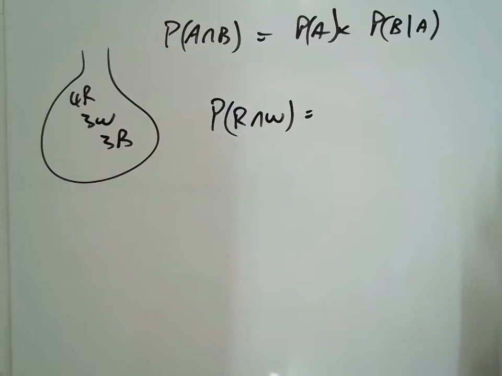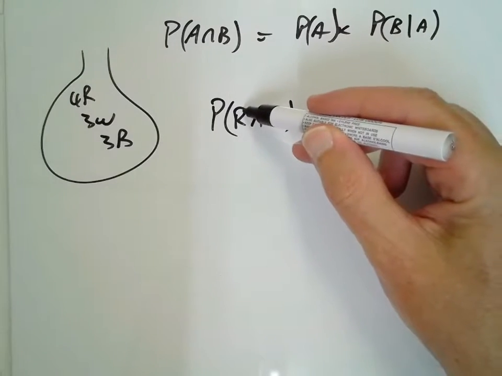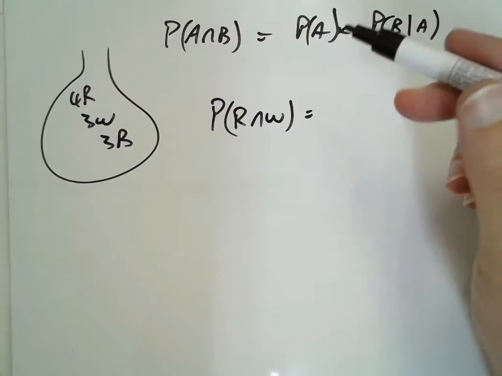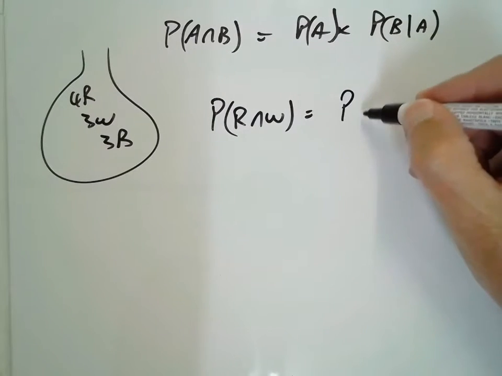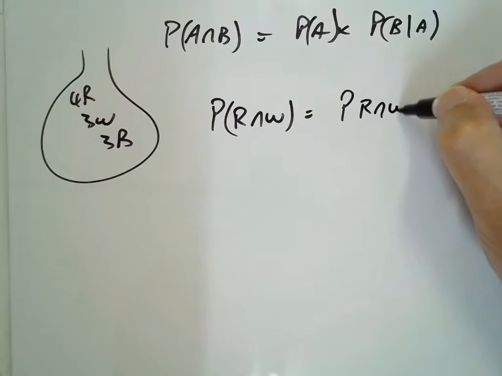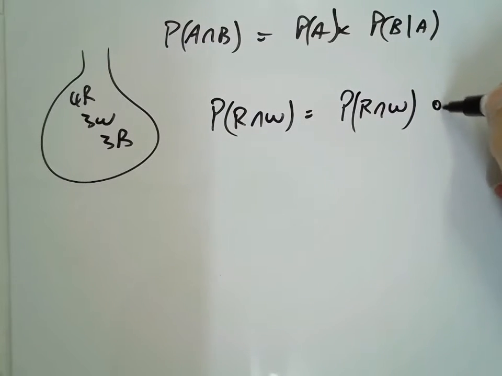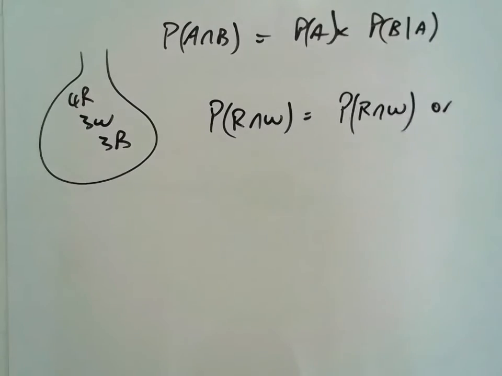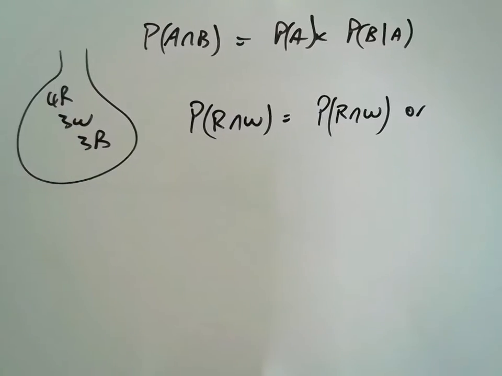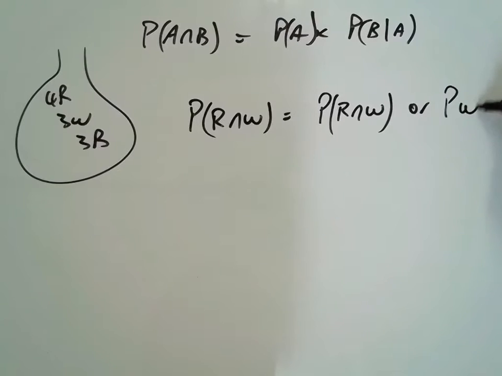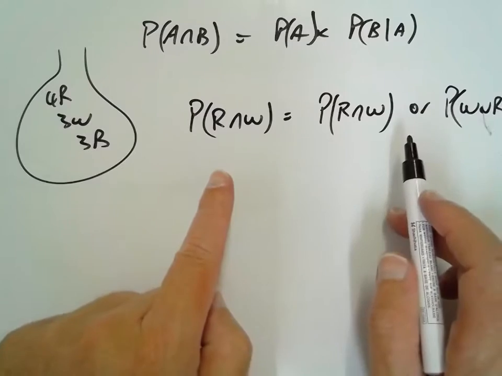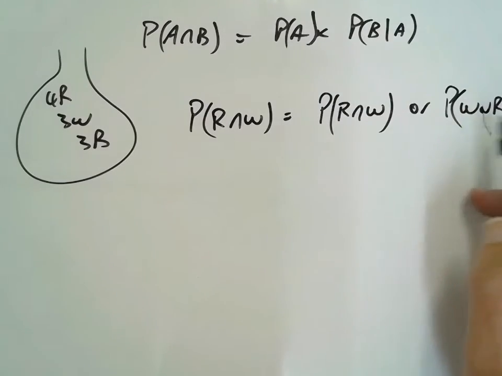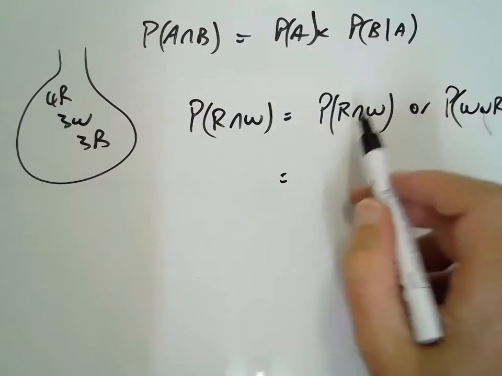But when the question just says what's the chance you end up with a red and a white marble, technically speaking, you can actually get a red and then a white, or you can get a white and then a red. So all that matters here is red and white, or white and red.